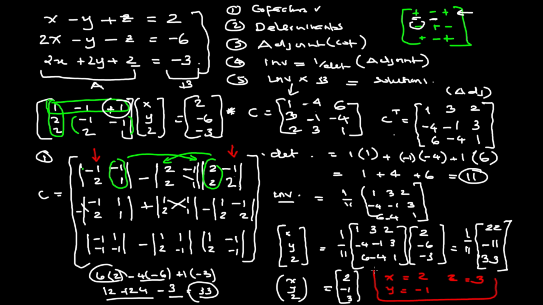These are our solutions. So you can get these values and put them in any of these equations to show that your work is correct. So for example, if I get these and try them in the first one, that will be 2. So that's 2. Then I get minus 1, that's plus 1.